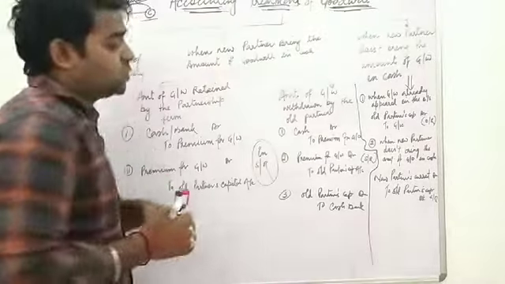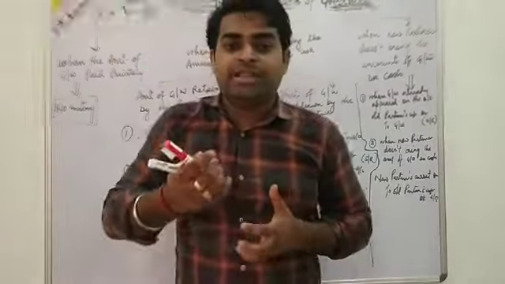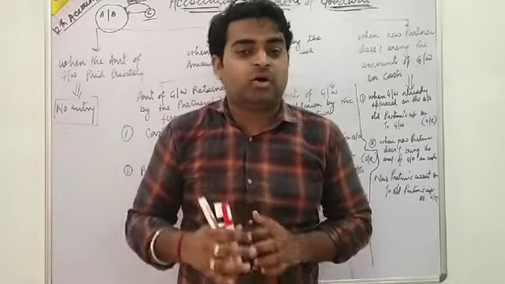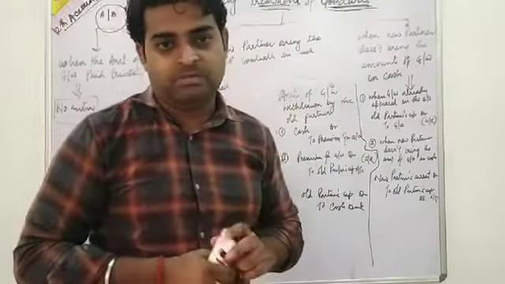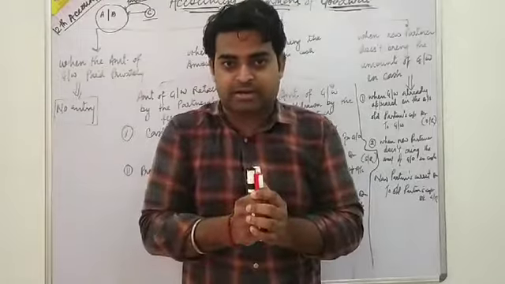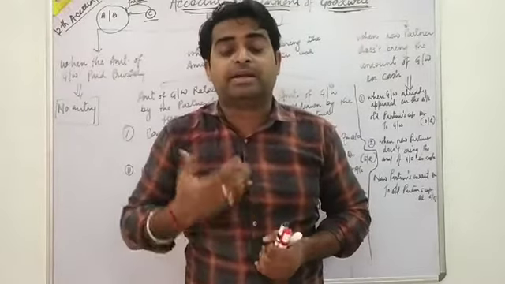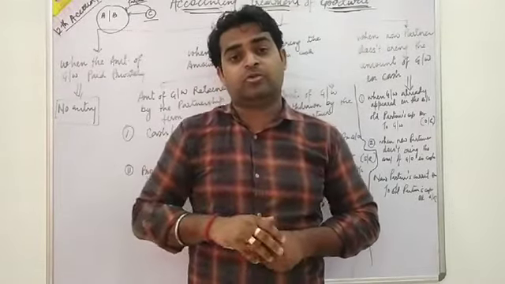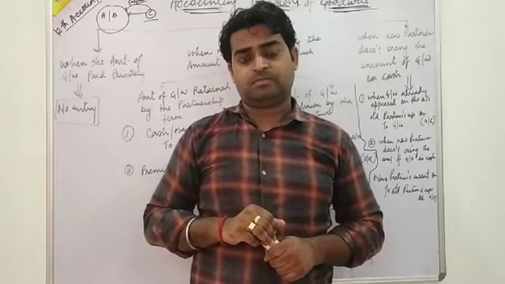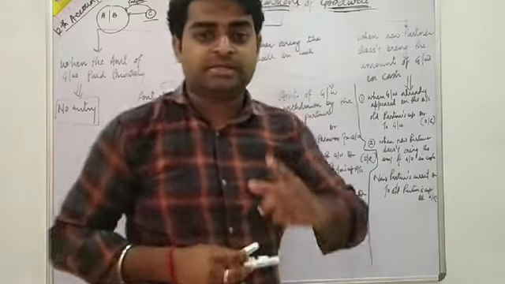So how will we treat it when the new partner brings the amount of goodwill in cash? What will we do with the money C brings, and how will we treat it in the books of account? This is what we are going to study.